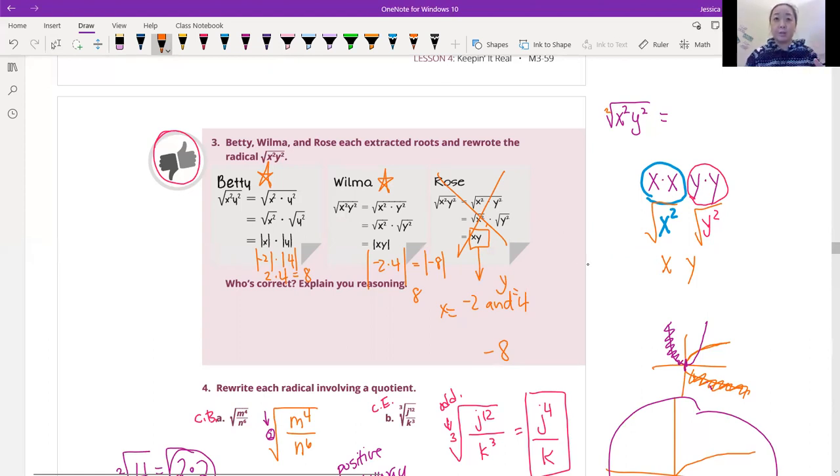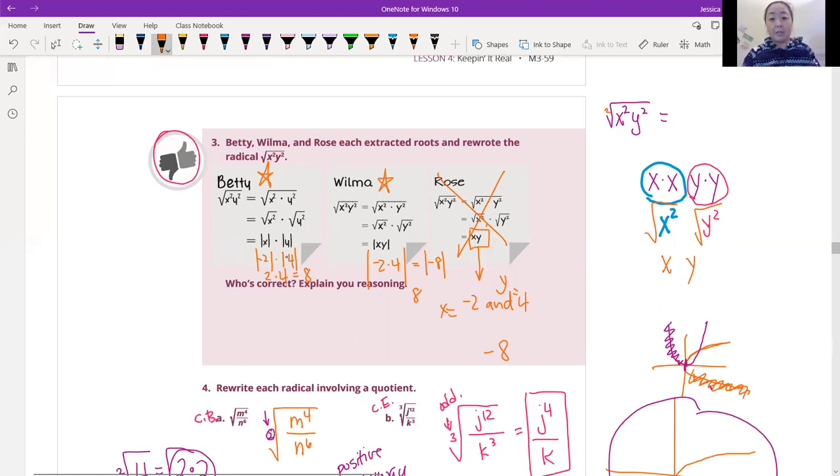The question is where. If you take a look at this right here, if we do the absolute value of x times the absolute value of y, we will always get a positive answer, right? And this in orange was our example. Like, what if x was -2, and what if y was 4? This is how you can find your counterexample. X and y are just numbers.